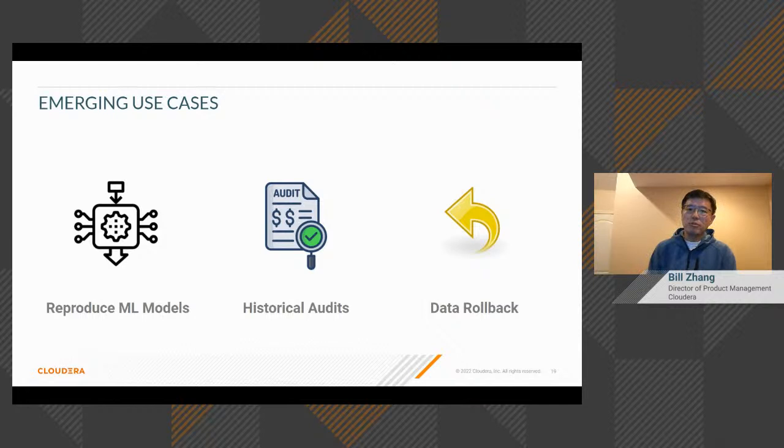Organizations moving from traditional data systems to big data technology and the cloud really struggle with this scenario. But with time travel, this technical feature can really help you with historical audits. I can always go back in time and figure out who did what and when.